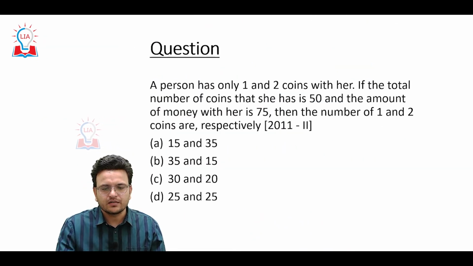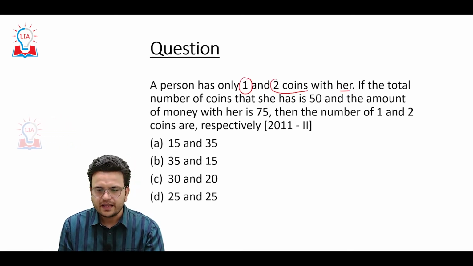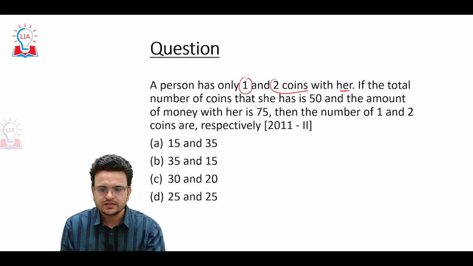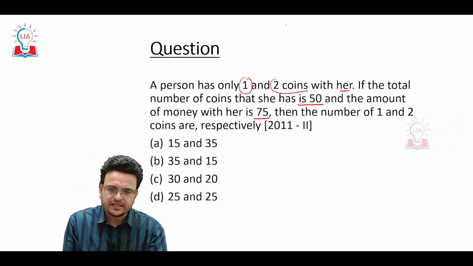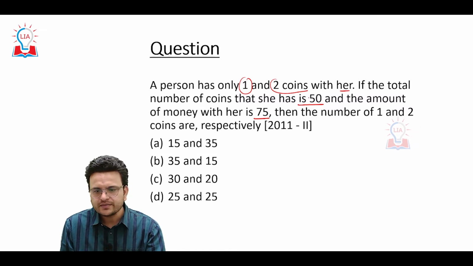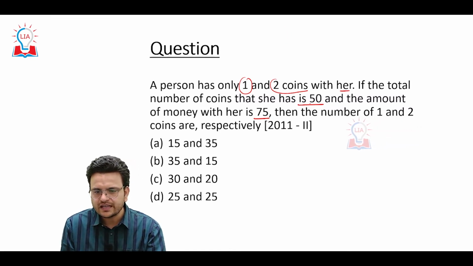Now come to one more question. A person has only 1 and 2 rupee coins with her. The total number of coins she has is 50 and the amount of money with her is 75. Two ways. One way: the total coins she has is 50.